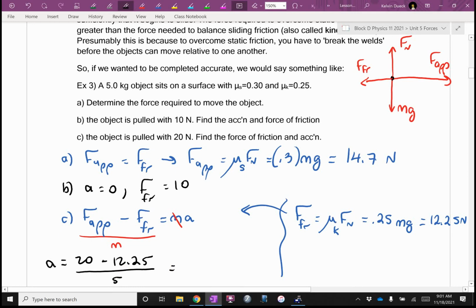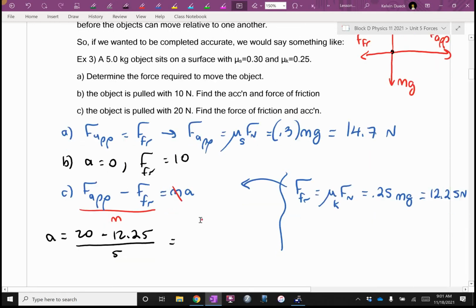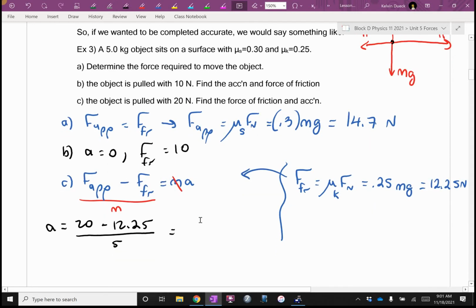Which is what? 20 take away 12 is 8, take away 0.25 is 7.75, divided by 5. What's an easy way to divide by 5? Divide by 10 and then double it. So it'll be 0.775, double it. So it'll be 1.55. Units, it's an acceleration.